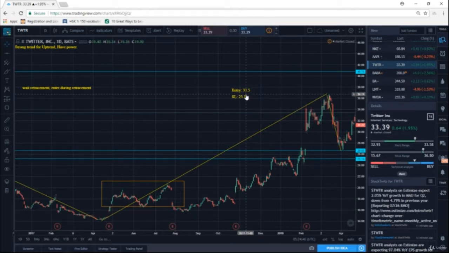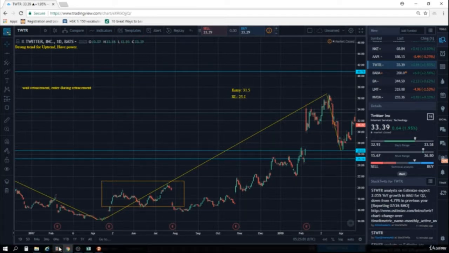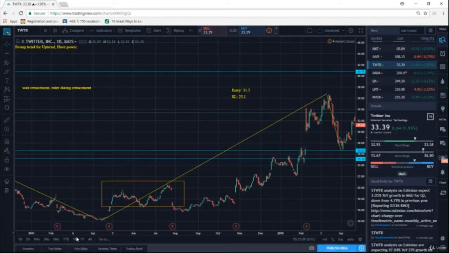You have given it enough room to fluctuate, but it has still reached its point here. So you decide your stop loss would be 25.1.